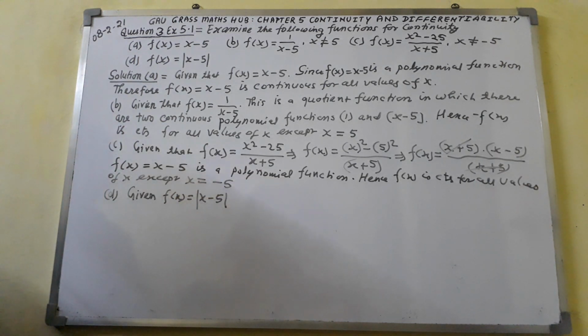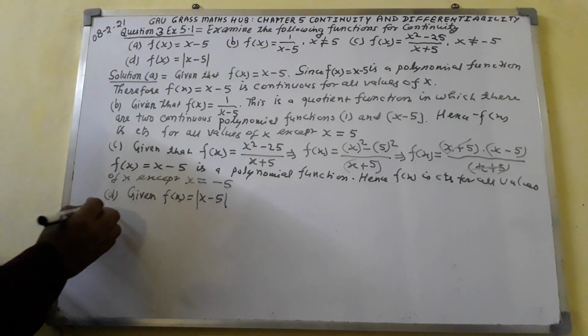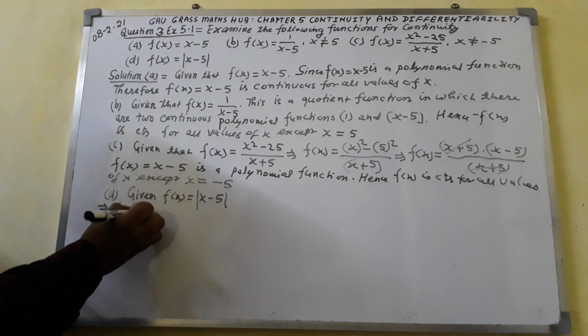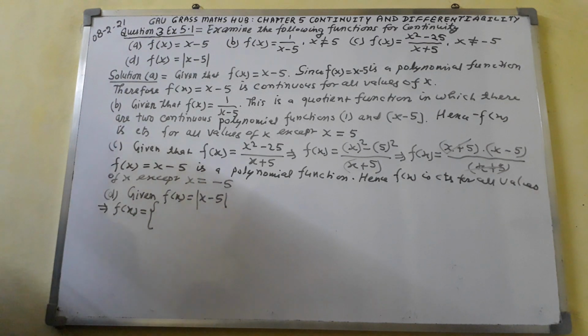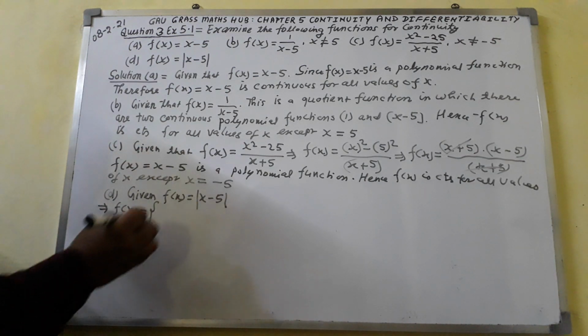You have to show whether f of x equal to mod x minus 5 is continuous or not. Now you know very well, f of x can be written for mod x minus 5 as follows. First of all take positive.